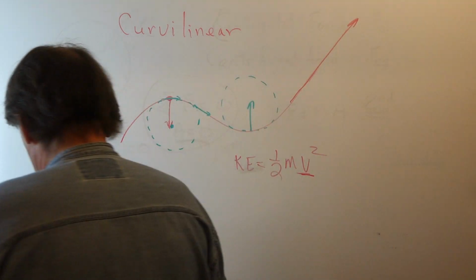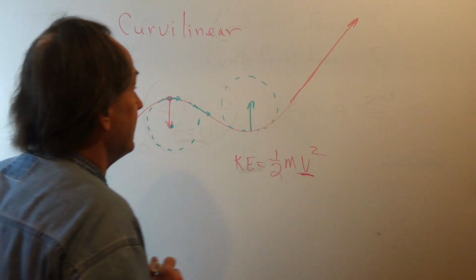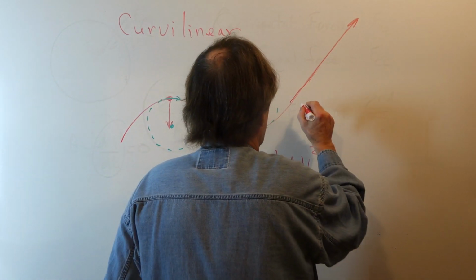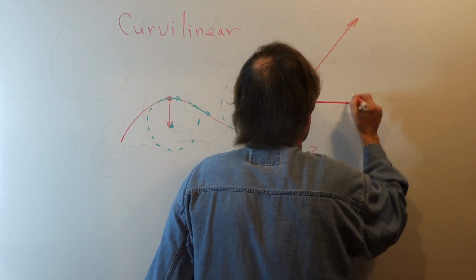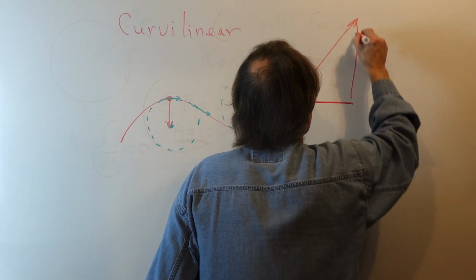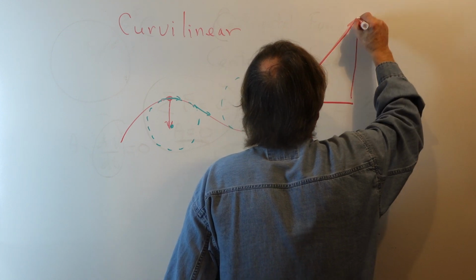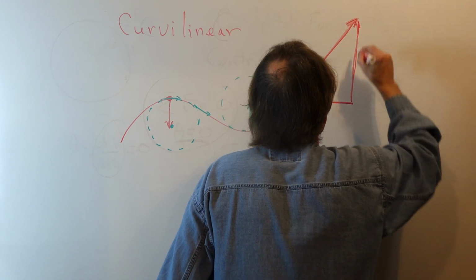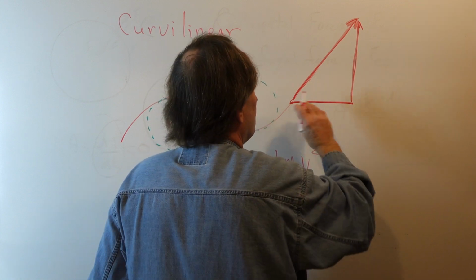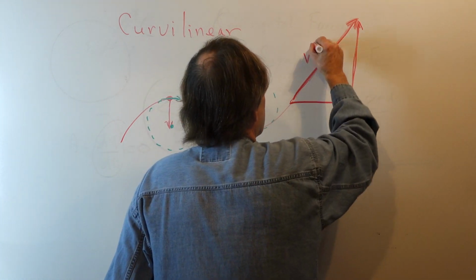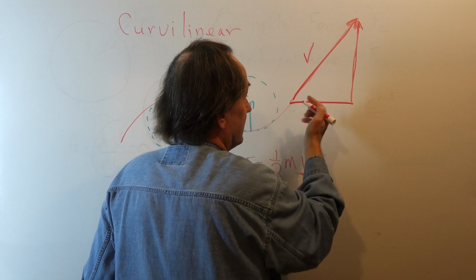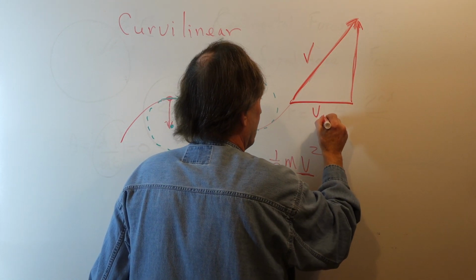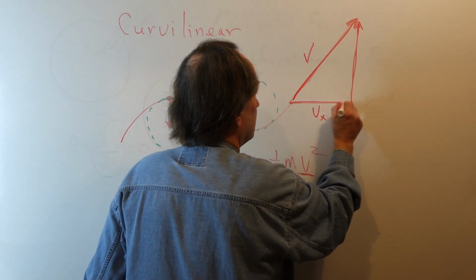Superposition doesn't hold. Now, there is one case where it does hold, if you look at the motion, say, of an object in translation, and we have a net velocity, we can break it into components. We have a velocity component in the x direction.